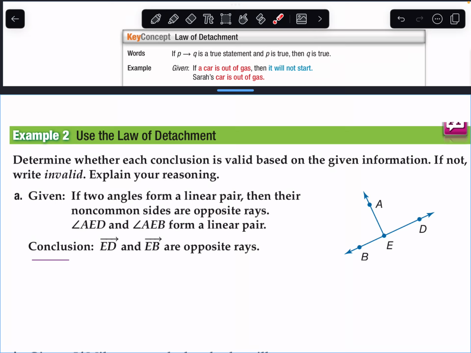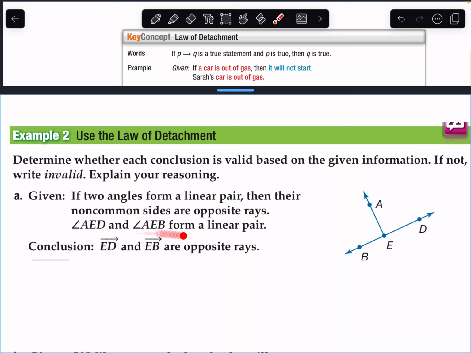And then we have this specific example, AED and AEB form a linear pair. Okay, we have the conditional, the general property, and then the specific example of that hypothesis. If two angles form a linear pair, these ones form a linear pair. Well, then their non-common sides are opposite rays.